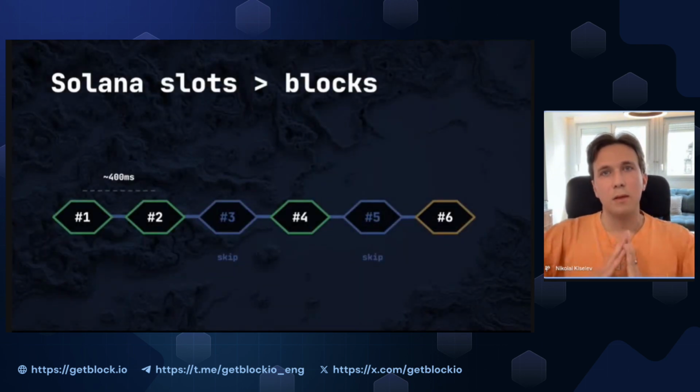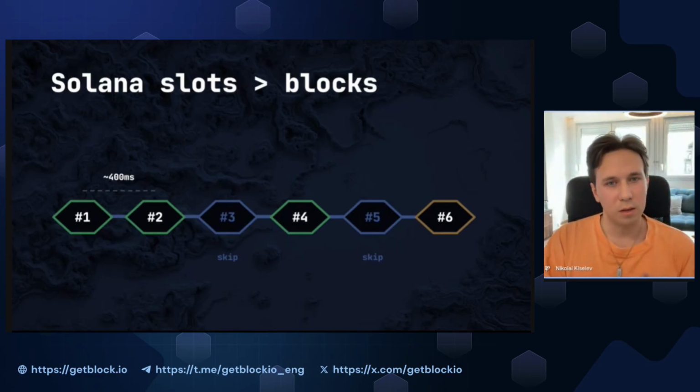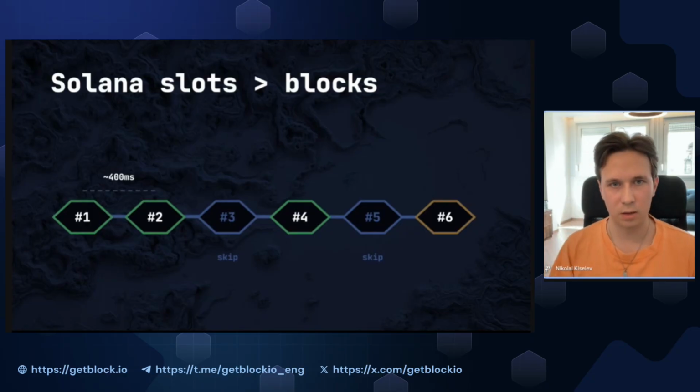The difference between Ethereum and Solana is critical. On Ethereum, you have a mempool, which holds not yet committed transactions that are being processed. On Solana, you have slots, and you don't have such a thing as a mempool at all. Every single slot is the way Solana communicates time between nodes.